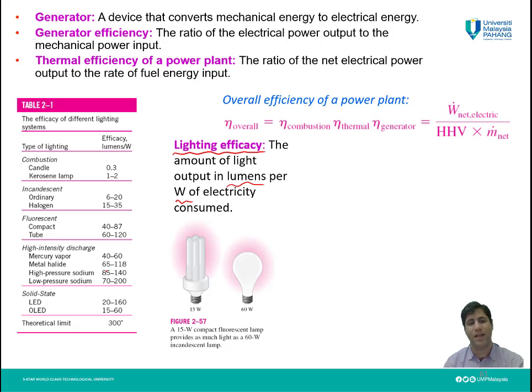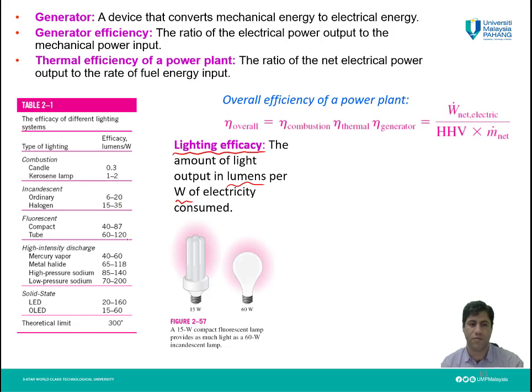Because of that, it is recommended, and actually it has shifted from incandescent lamps to fluorescent lamps. We have also seen the change from fluorescent lamps to LED lamps, because their energy requirement is very low and they do not produce heat or thermal energy.